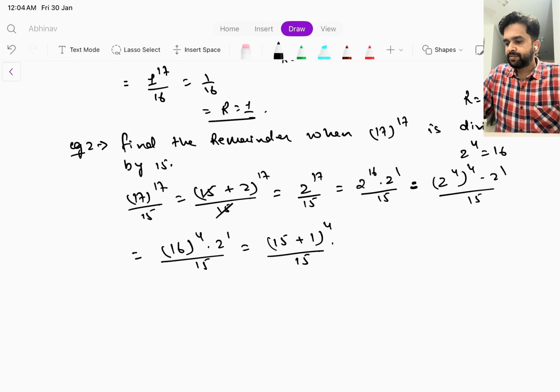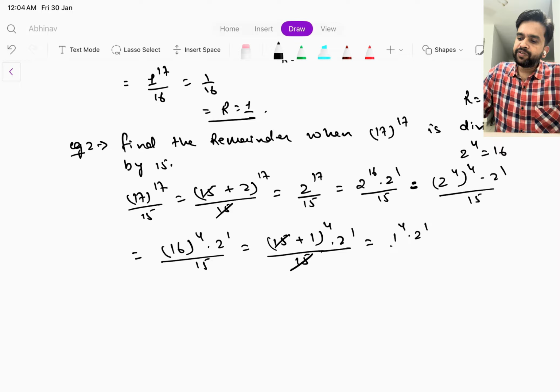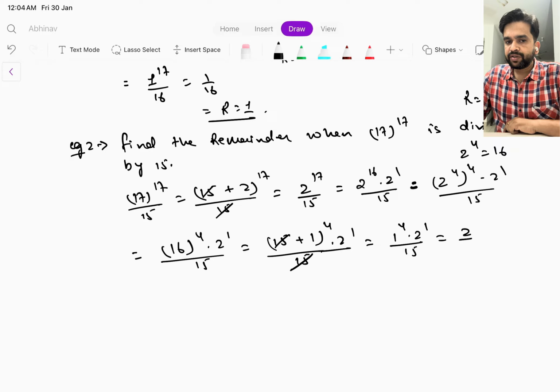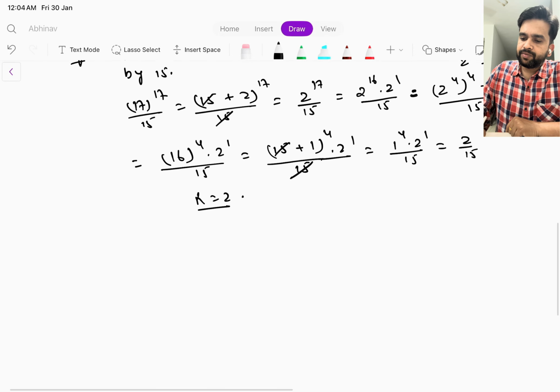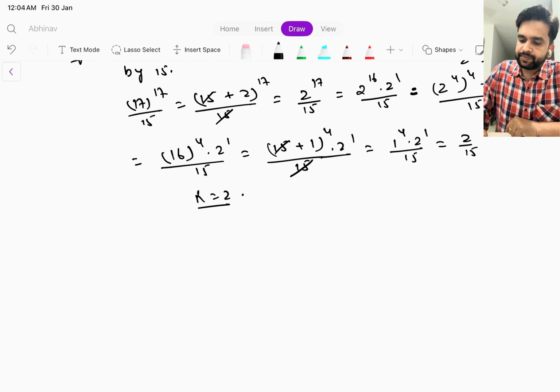And going by the same expansion method of binomial theorem, I can cancel out all the terms having at least one 15 in the numerator, and what I'll obtain in the last is 1 raised to power 4 into 2 raised to power 1 by 15, which will give me 2 by 15, and 2 is not divisible by 15, hence my remainder is 2. Let us move to the next question.